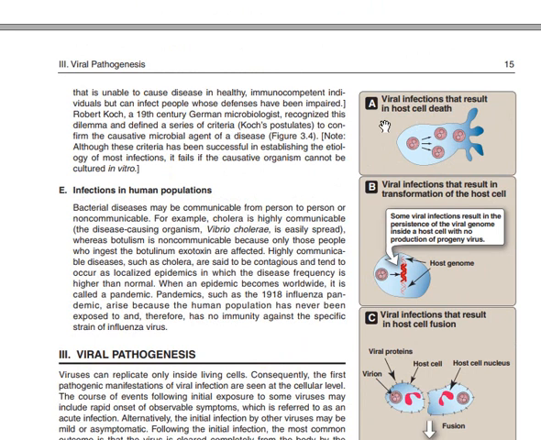So when the virus is split multiple times, it causes an expansion of the host cells, and that is going to cause the breakage of the host cells. Is it clear? So viral infection results in a transformation of host cells. At the beginning, when you have viral infection, the virus is going to inoculate its genetic material. It can either be DNA or RNA.